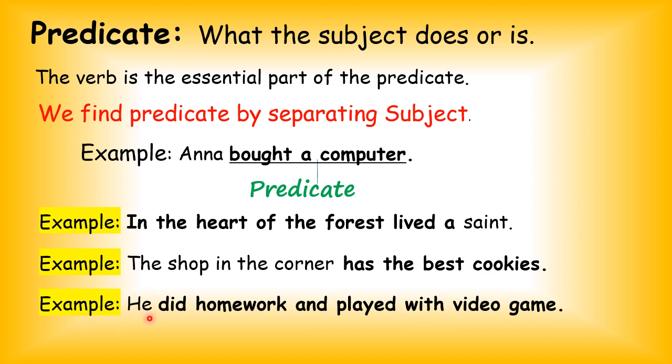How do we know that he has done his homework or played video game? By reading this part. Did homework and played with video game. So this part of the sentence is giving information about he. So the part which is giving information about he will be the predicate.